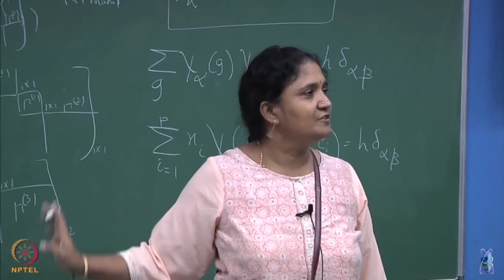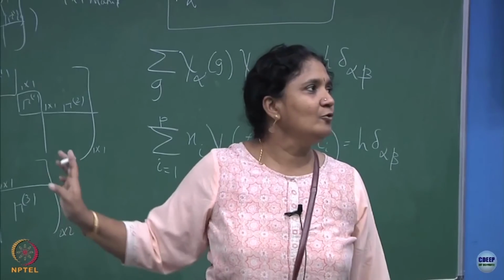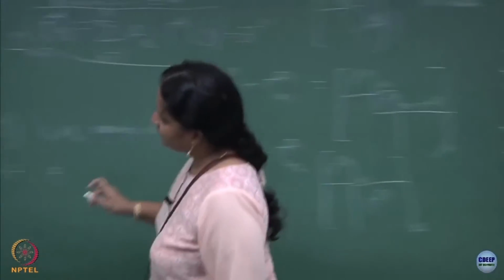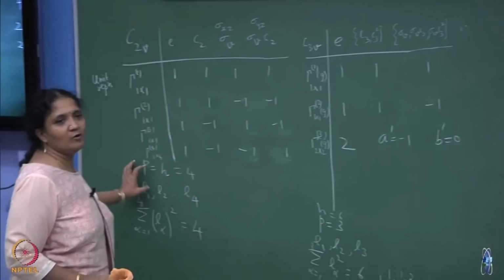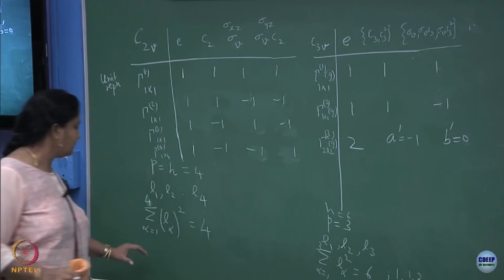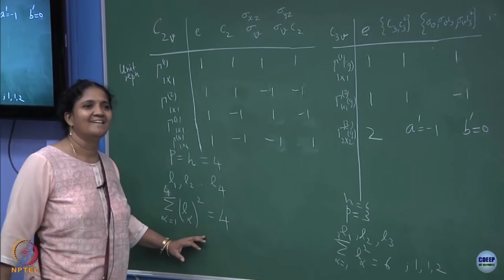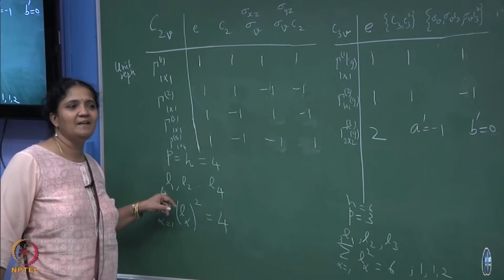C3V is another group which is not abelian, and you do see that as you go from abelian, abelian will always have only 1 cross 1. What is the reason? It has to satisfy this condition, and there will be the same number of elements in the abelian group.